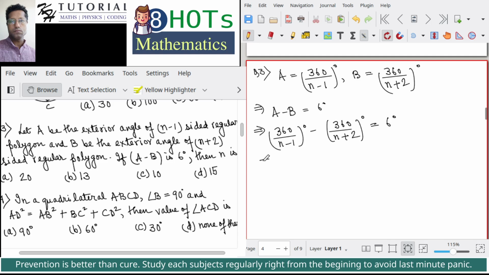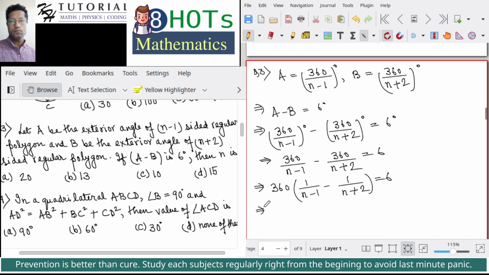Now we can ignore the degree from both the sides and we will get 360 divided by n minus 1 minus 360 divided by n plus 2 is equal to 6. Now let's take 360 common as a factor from the left hand side and we will have 1 by n minus 1 minus 1 by n plus 2 equals 6.